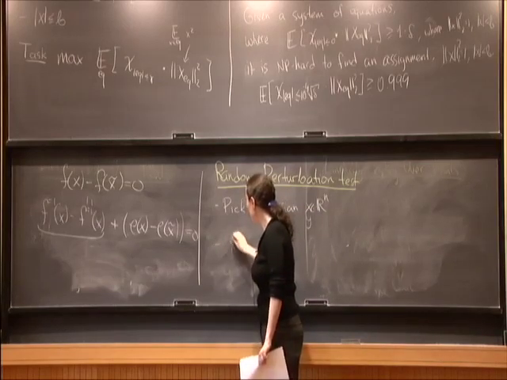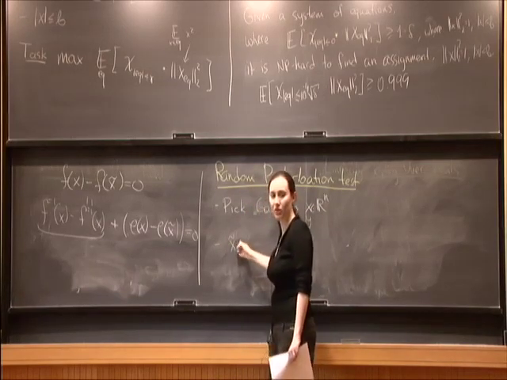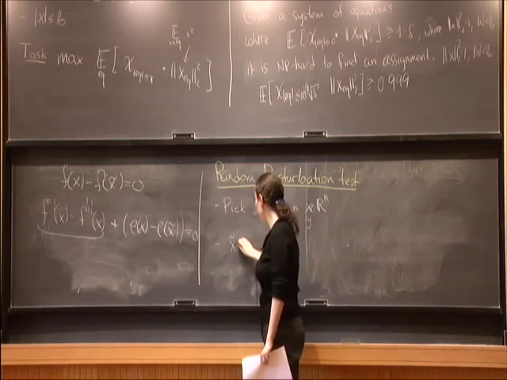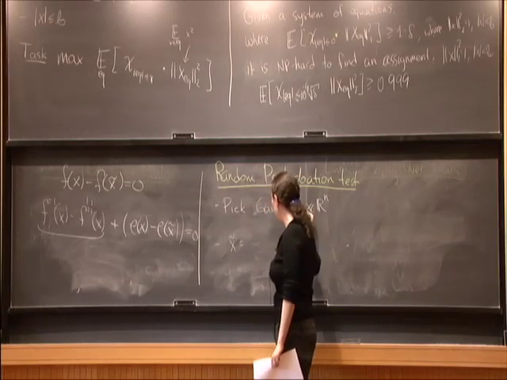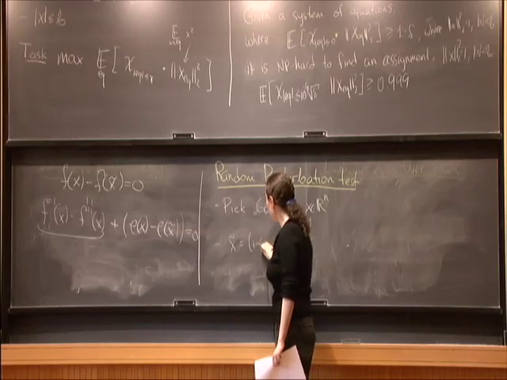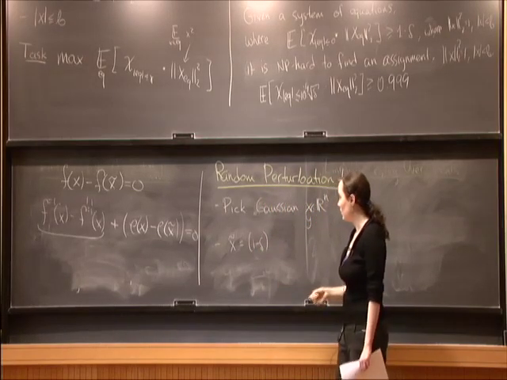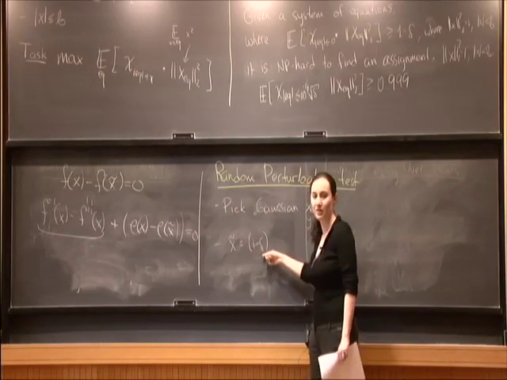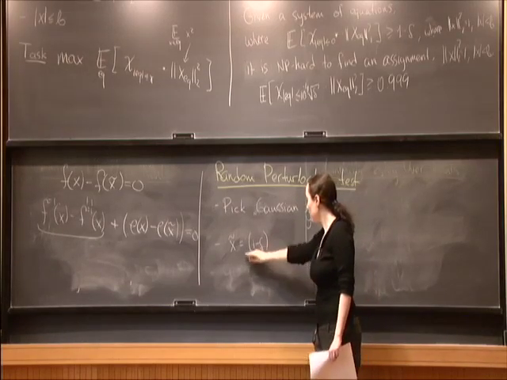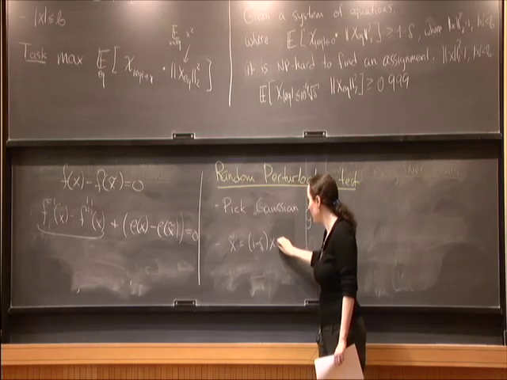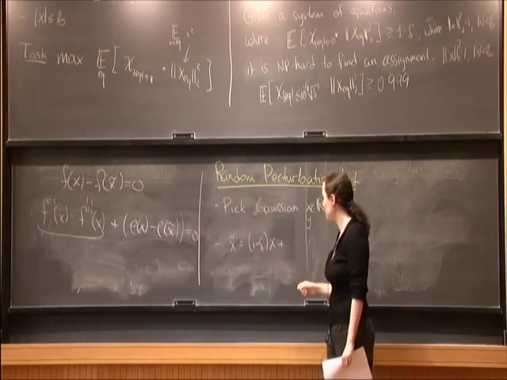But now we'll define the perturbed version of x to be a variable with correlation 1 minus delta with x, with coefficient 1 minus delta it's x.